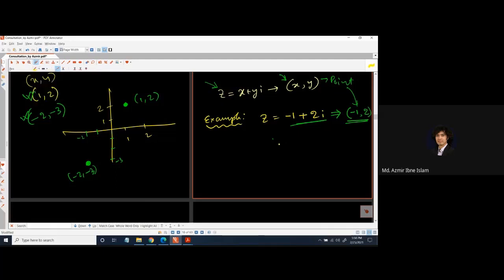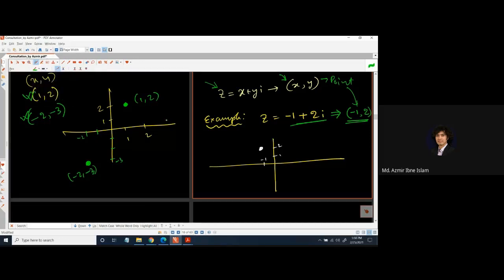So if we want to locate this complex number, -1 plus 2i, the process is the same. Here we have -1, +1, +2. So the point will be here.